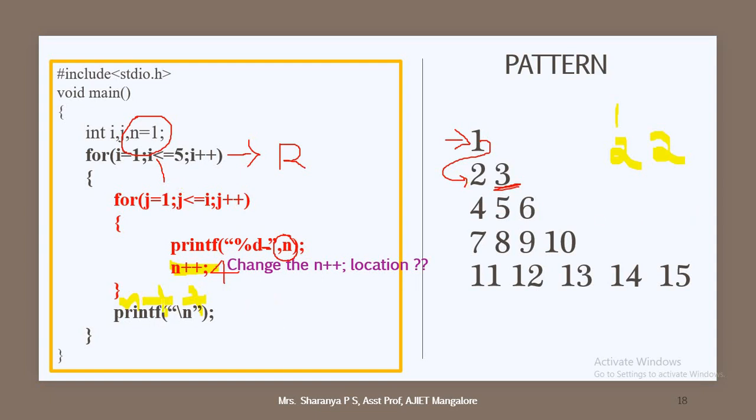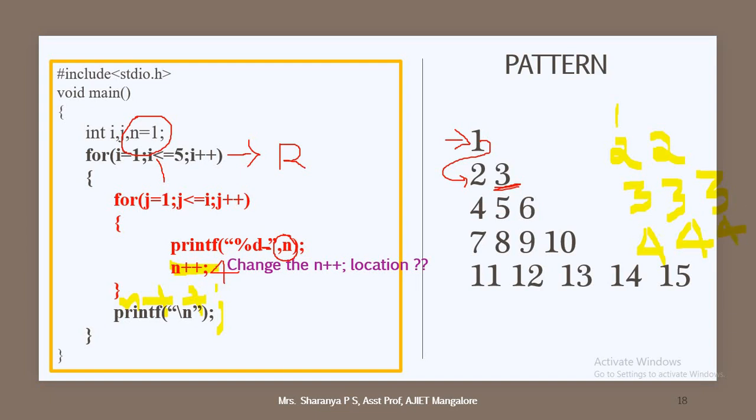So n will be incremented once again by this statement which was written outside the inner for loop. So for the third time it will print 3, 3, 3. This is how it will keep changing. For the fourth time it will print 4, 4, 4, like this.